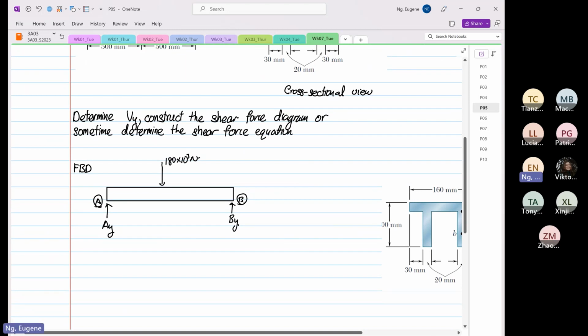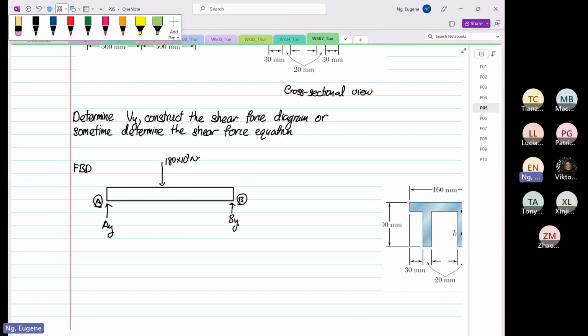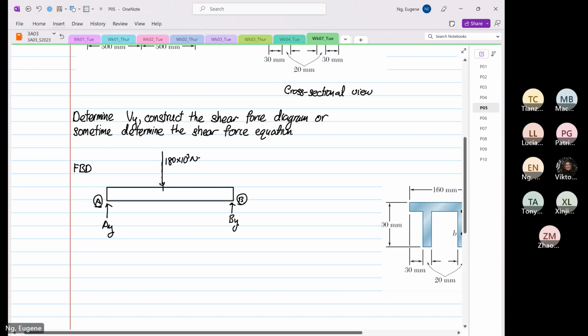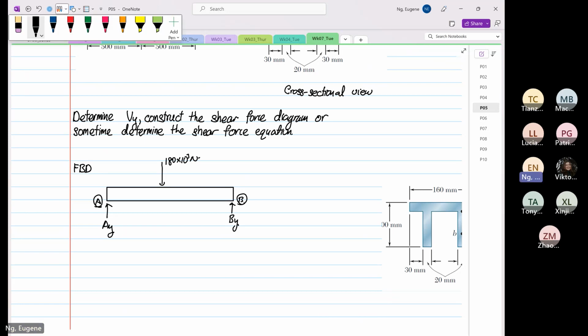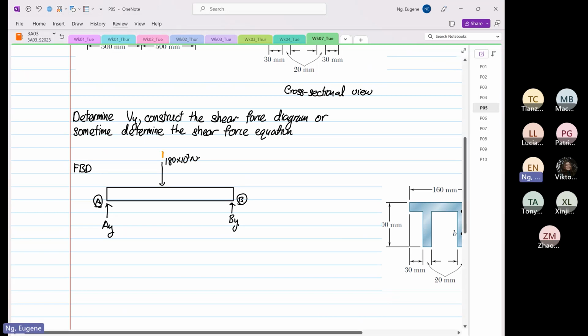So what we can do is draw a vertical axis YY in a different color over here, right? We know that the structure, the left hand side and the right hand side, are the same.